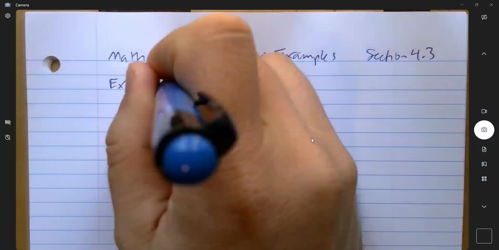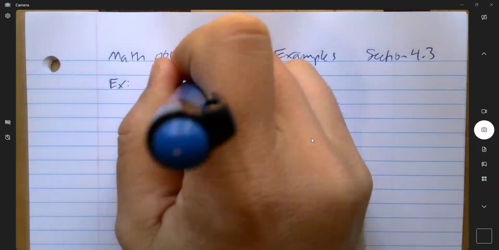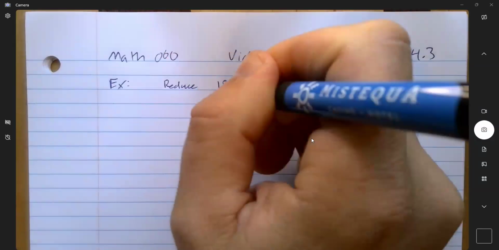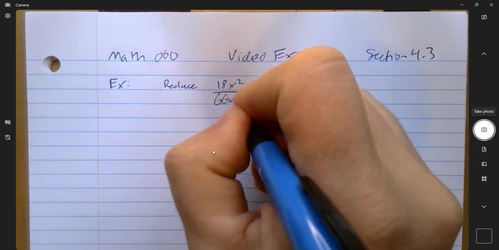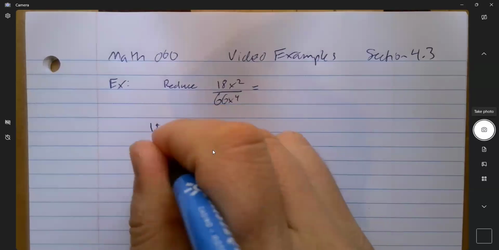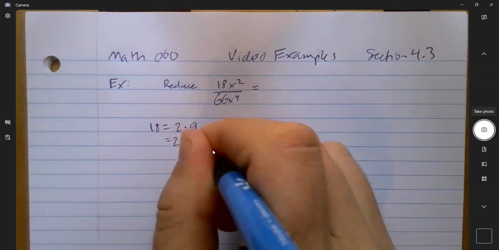So we want to reduce 18x squared over 66x to the fourth. The way we're going to do that is we're going to find the prime factors of the top and the prime factors of the bottom. So 18 is 2 times 9, which is 2 times 3 times 3.